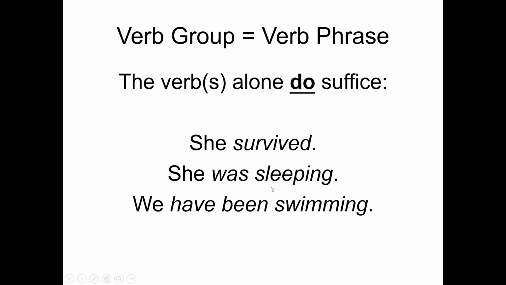She was sleeping. In this case, the verb group was sleeping, which only contains verbs, actually is a complete description of the event or of the ongoing background to what was happening. So the verb group is here a complete verb phrase.